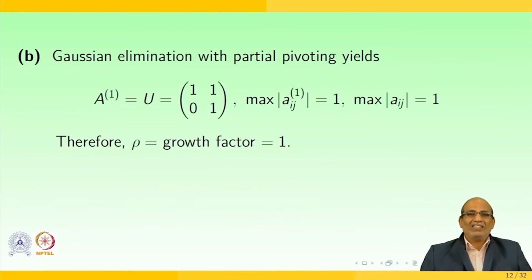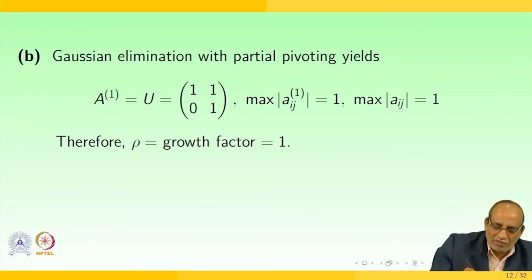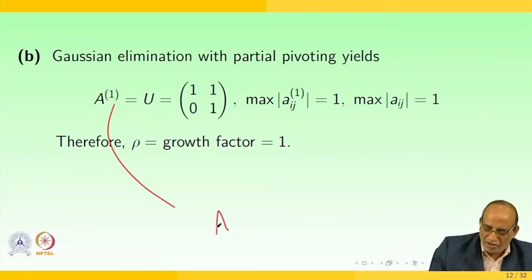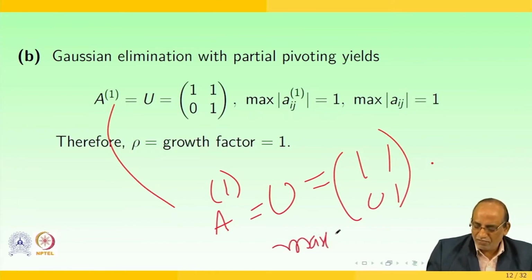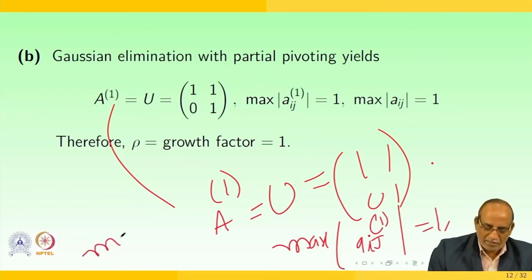Now let us see Gaussian elimination with partial pivoting. Partial pivoting means we do only row-wise pivoting. So what would happen to this system? We get A1 equal to U, that is 1, 1, 0, 1. The maximum of Aij of A1 is equal to 1, and the maximum of Aij is equal to 1.